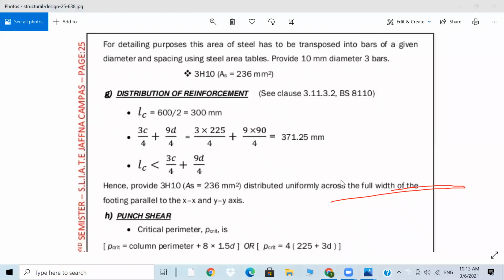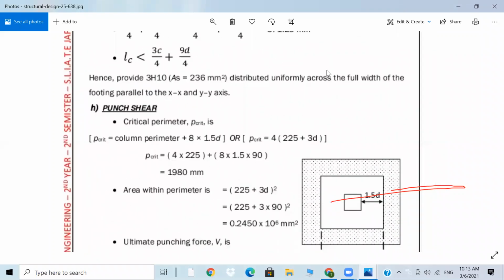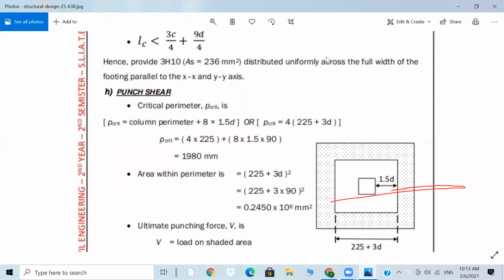Now we will see the punching shear. We call it the punching shear. So the stresses on the surface, from the surface and 1.5 times d. The P critical, the column perimeter plus 8 times the 1.5d, right? Or the P critical, 4 times 225 plus 3d.